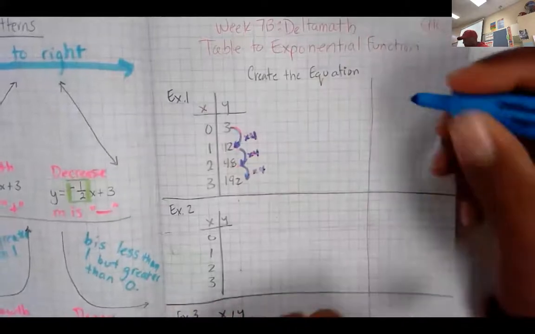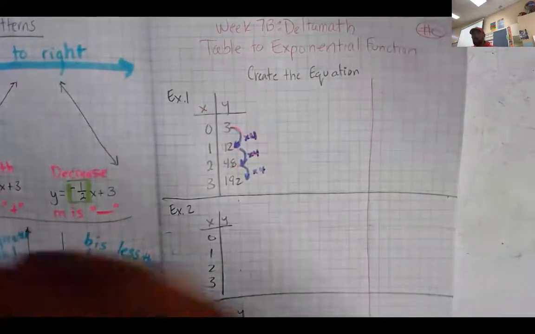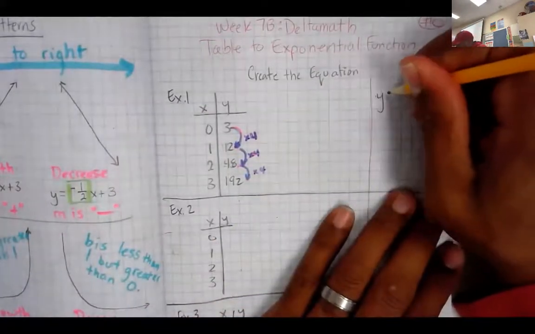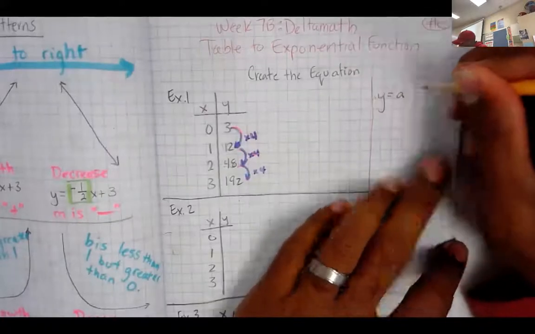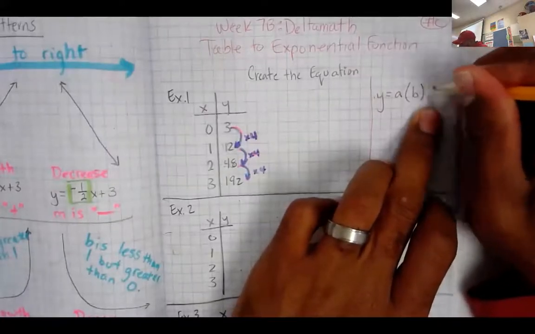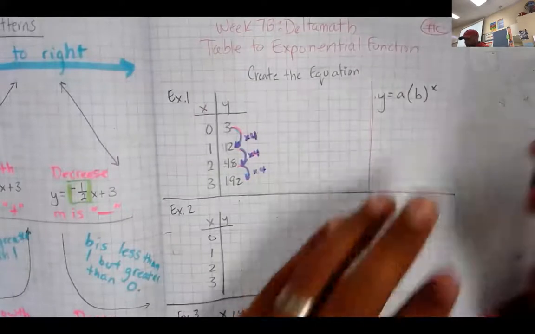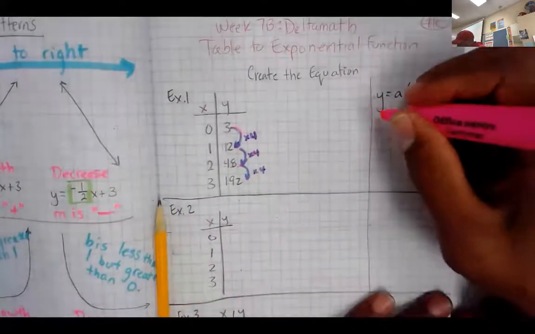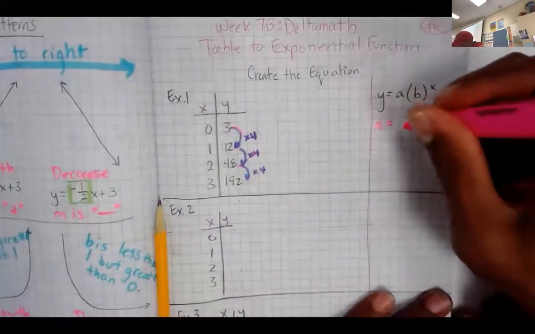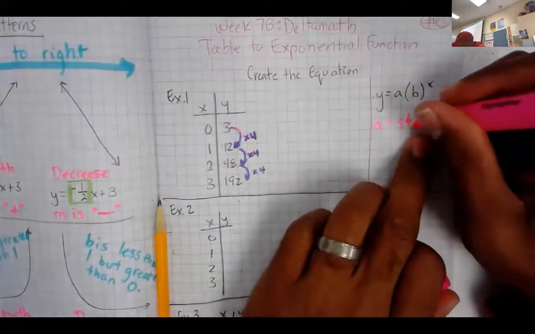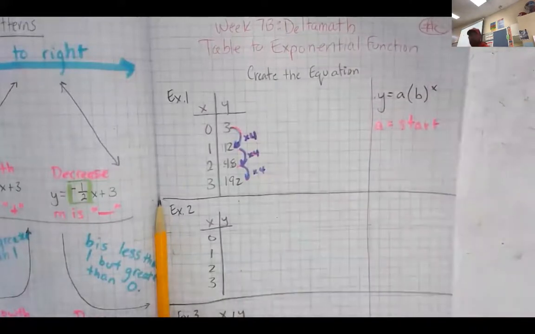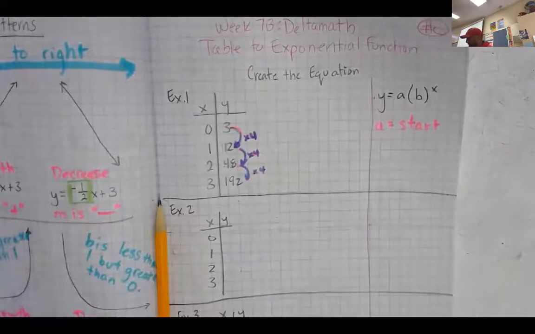All right, so let's write down the equation first. So the equation is y equals a times b raised to the x. If you guys remember, the a is your start value, or I talked about yesterday, that's your principal, right? If we're talking about money.